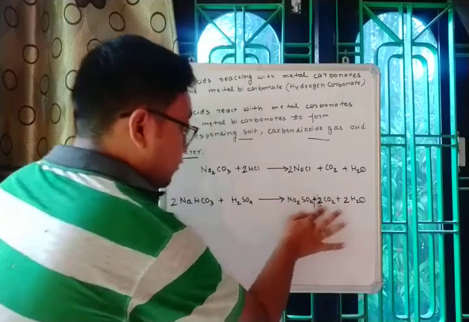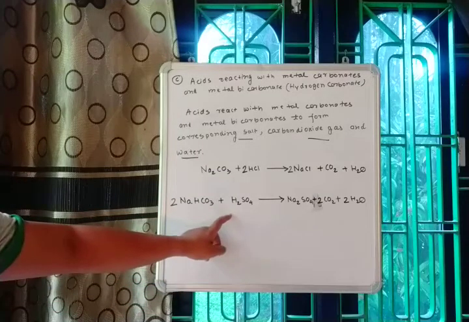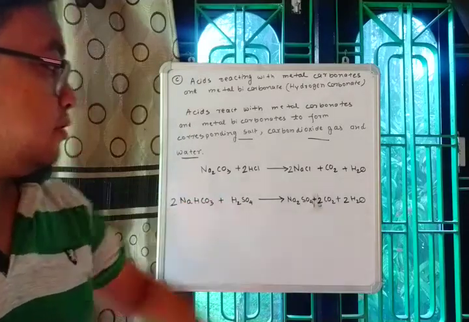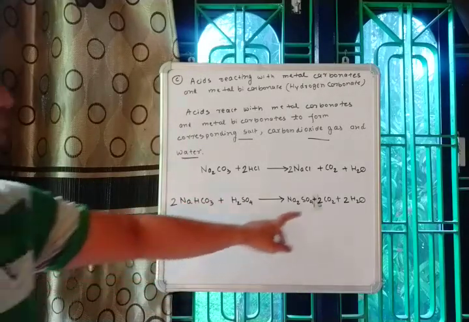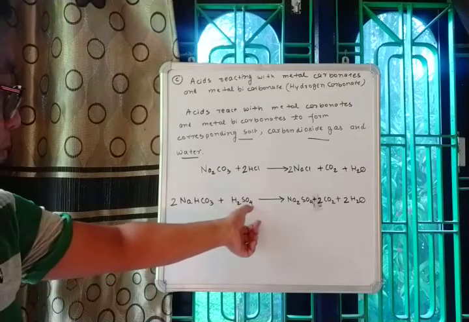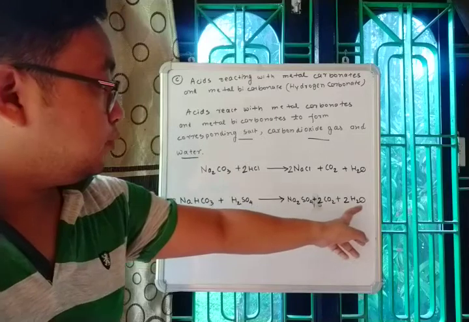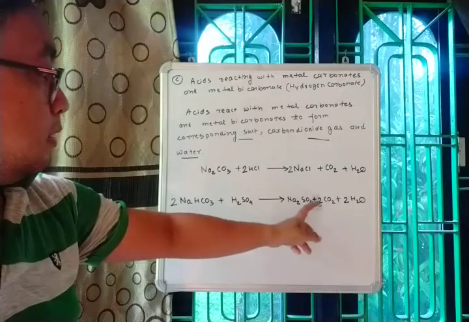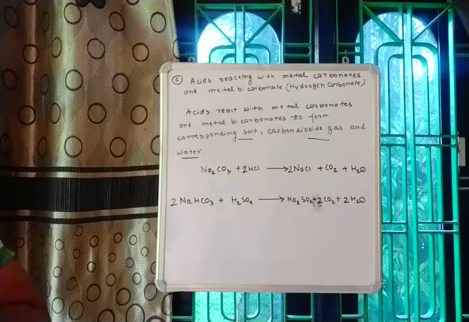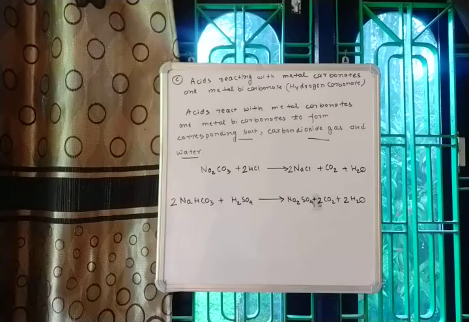I have balanced the equation for you. 2 sodium here, 2 sodium there, 2 hydrogen and 2 hydrogen, that is total 4 hydrogen. Here we have total 4 hydrogen. Then we have 2 carbon here and 2 carbon there. We have in total 2 3s are 6 plus 4, 10 oxygen. Here also we have 4 and 2, 8. So you need to balance the number of oxygen here.